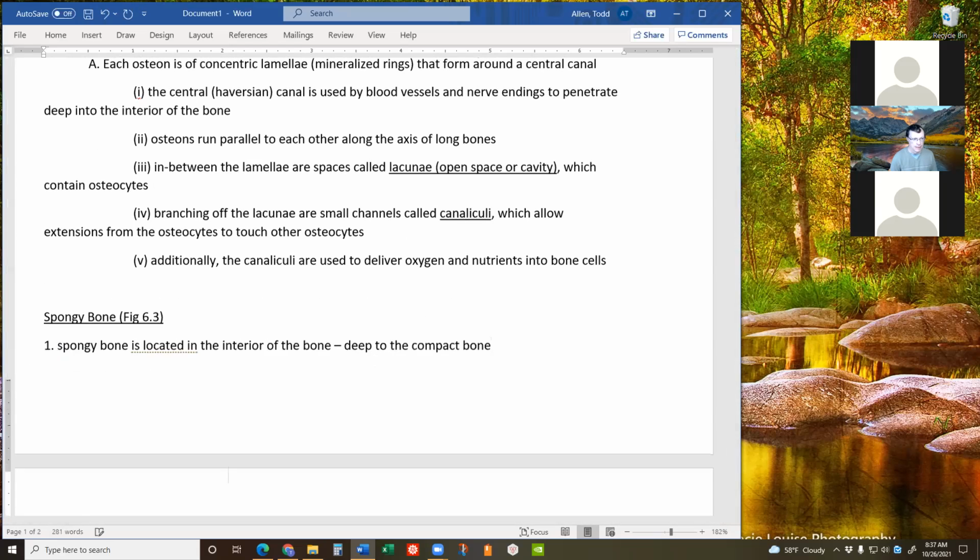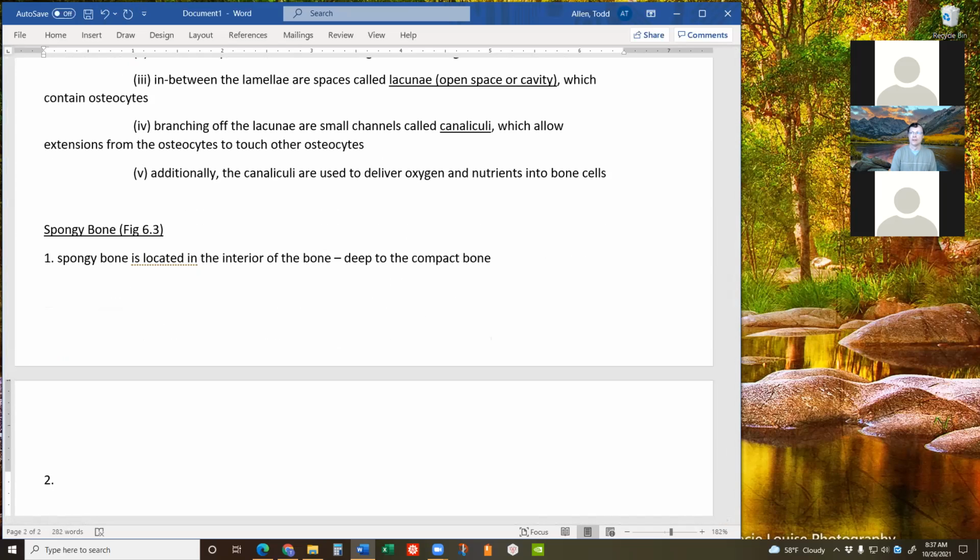Next, number two, we said that compact bone is stronger than the spongy bone. One of the reasons for that is those concentric tubular structures called osteons that are running parallel to each other. Notice as you look at the fabric of the spongy bone, either in picture A or in pictures B and C, what you notice is the absence of osteons.